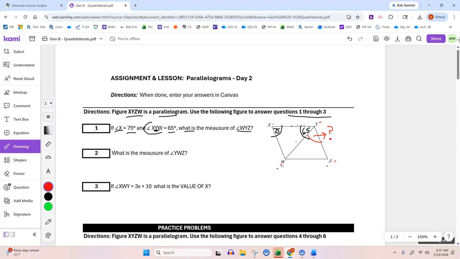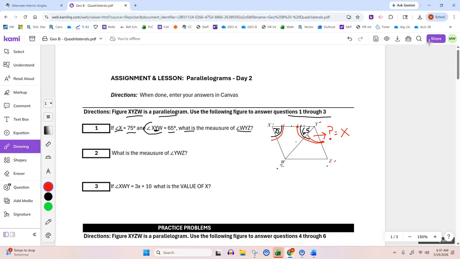Okay, so how do we solve that? Well, what we know is a few things about parallelograms. Yesterday we learned that this angle here is the same as the whole angle here, right? So 75 is equal to this, but this is 65, so now we have two angles. So I'll make that X, okay?